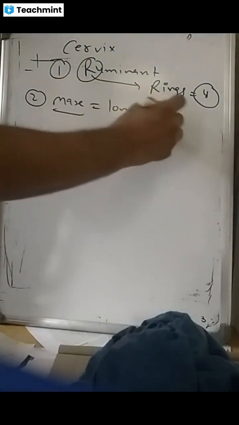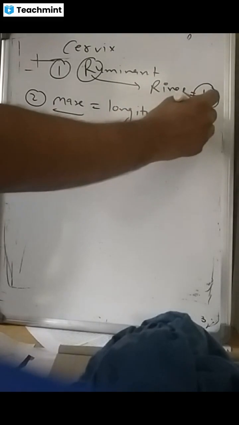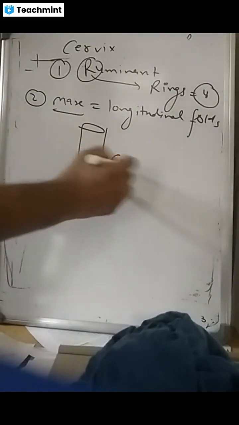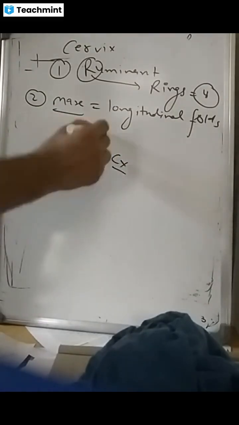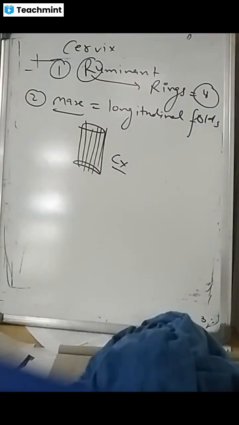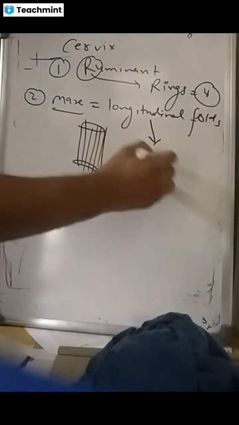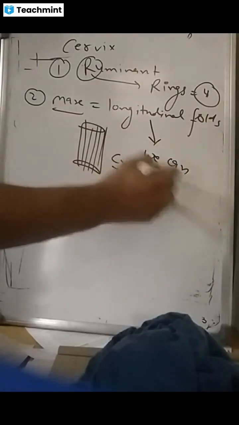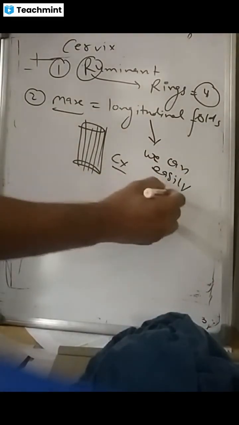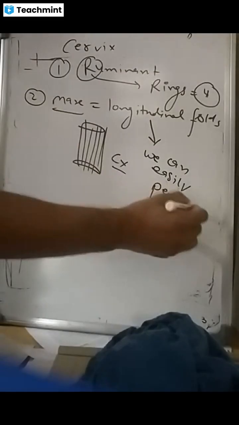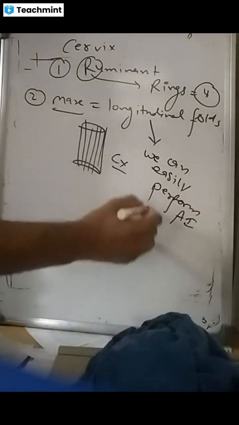Number two, we have longitudinal folds. If this is the cervix, these are the folds. Because of this, we can easily perform AI in the mare.